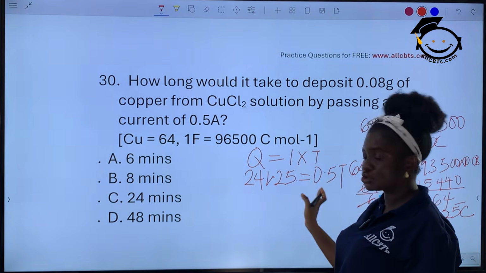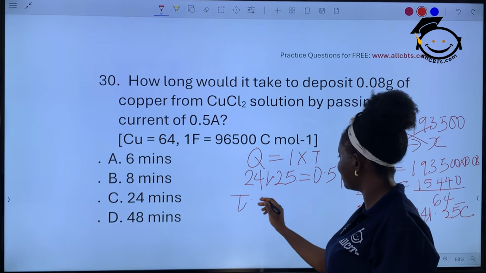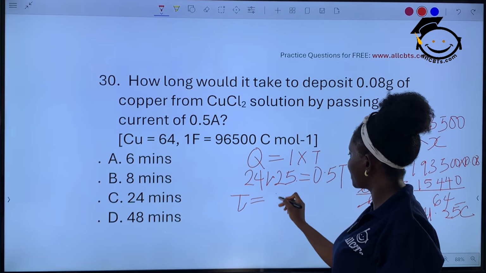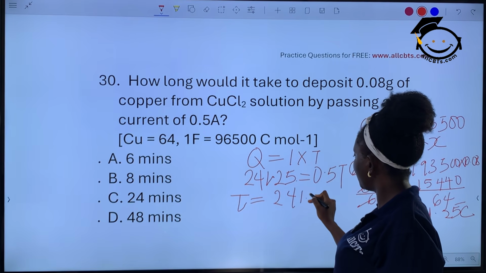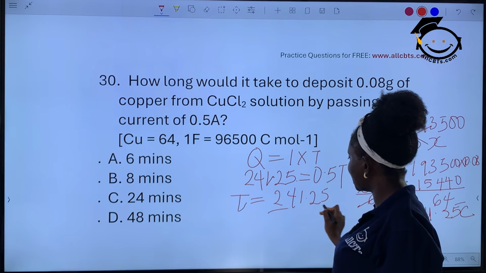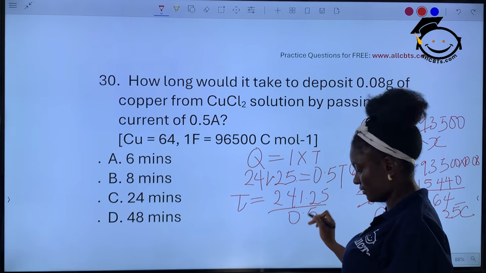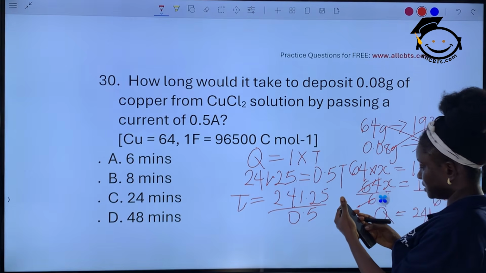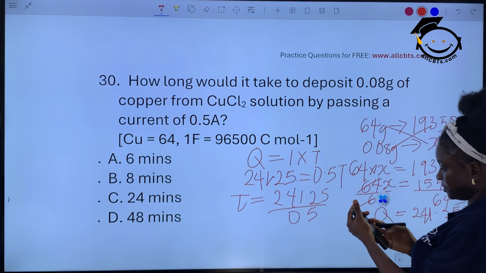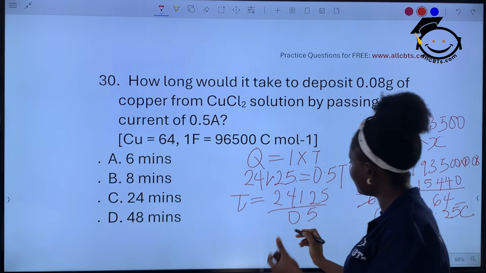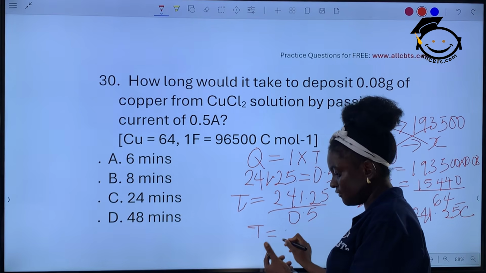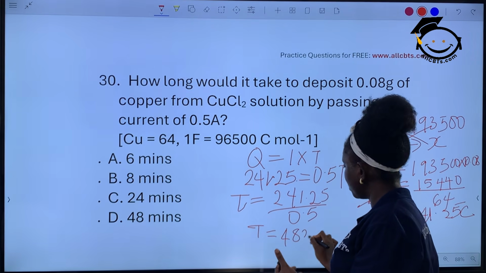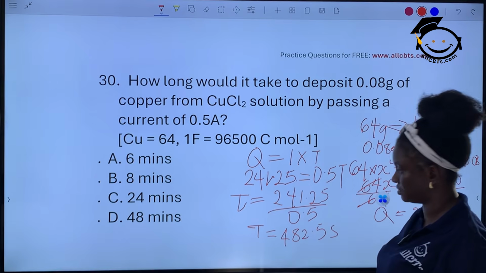So what we just need to do is to divide both sides by 0.5. So we have 241.25 divided by 0.5. Press your calculator to give the correct answer. So we have our time is 482.5 seconds.